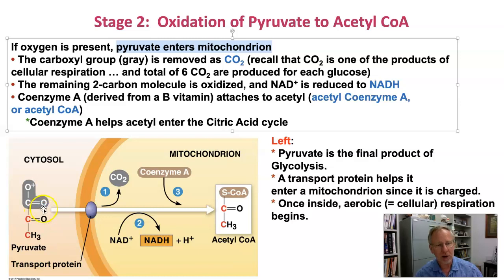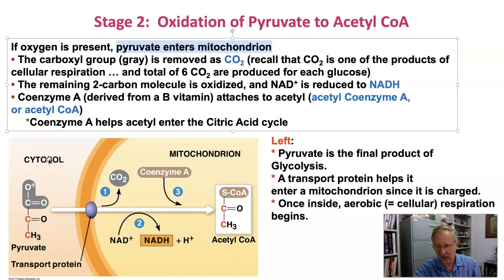When that pyruvate moves into the mitochondria, step 1 is a carbon and 2 oxygens are taken off, and that's carbon dioxide. So here's the first time that we're seeing a molecule of carbon dioxide being removed. That's going to diffuse out of the mitochondria into the cytosol of your cells, and diffuse into your bloodstream.